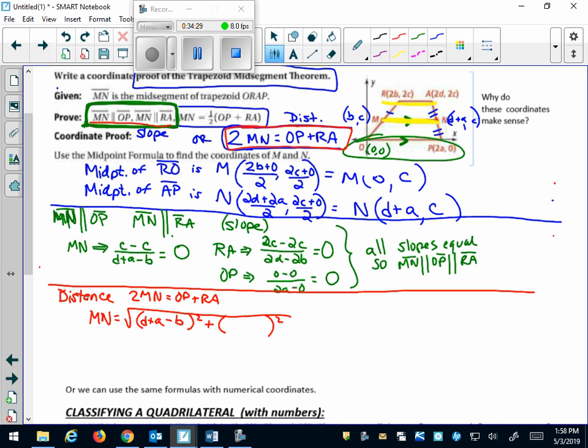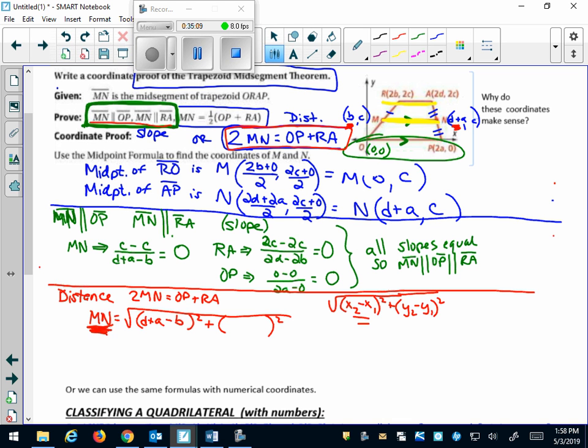So I'm finding the length of MN, right? And I'm using the distance formula. And the distance formula, let me write it over here, is the square root of x2 minus x1 squared plus y2 minus y1 squared. So I have to subtract the x's using M and N as the endpoints. So d plus a is one x, and b is the other x. So I did d plus a minus b as x2 minus x1. You following, guys? Yeah, okay.